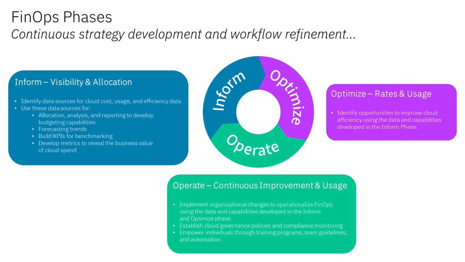In the optimize phase, there are FinOps activities that involve identifying opportunities to improve cloud efficiency by using the data and capabilities that were developed in the inform phase. In the operate phase, there are FinOps activities that involve implementing organizational change to operationalize FinOps using the data and the capabilities that were developed in the inform and optimize phase.